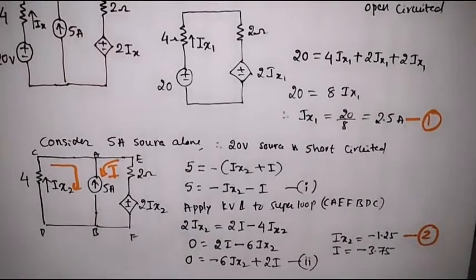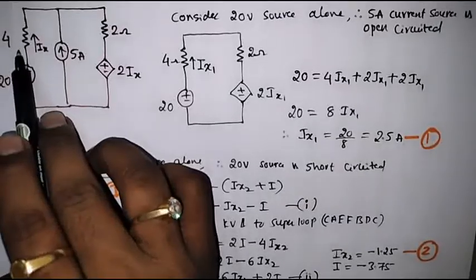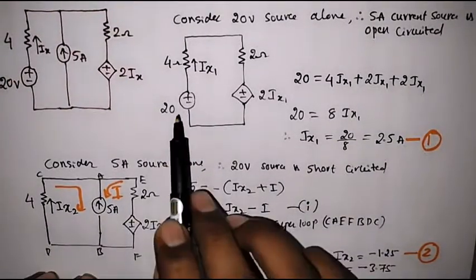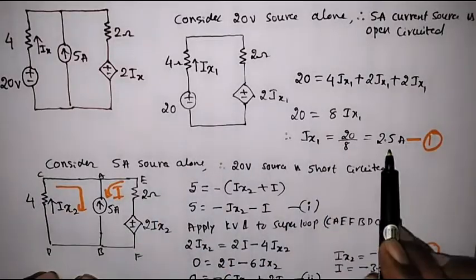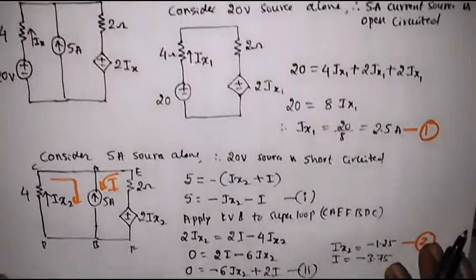So now according to superposition theorem, the total current that flows through the 4 ohm resistor is the current obtained by considering the 20 volt source alone, that is 2.5, plus the current that flows through the 4 ohm resistor considering the other current source alone, that is minus 1.25.